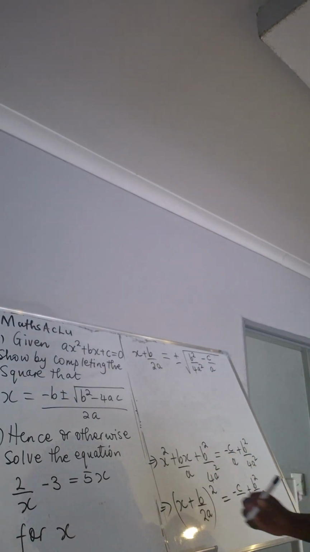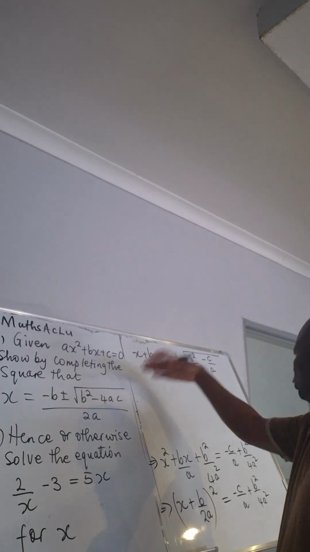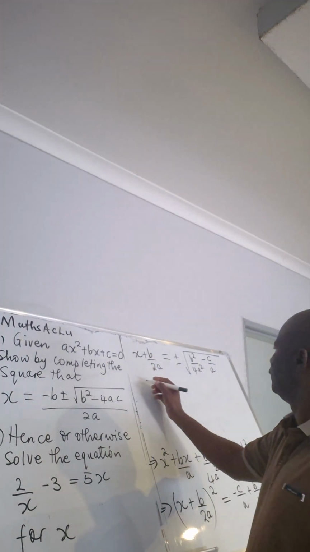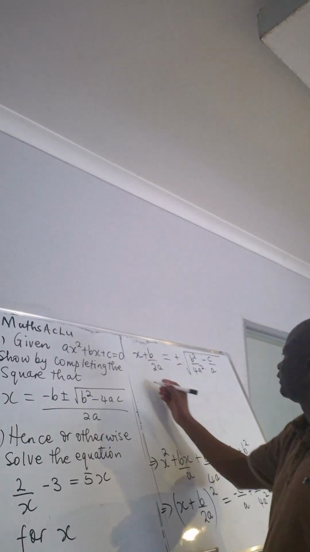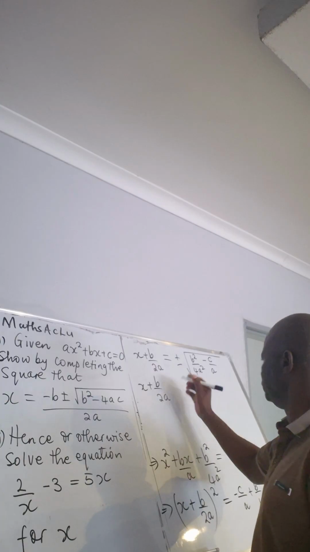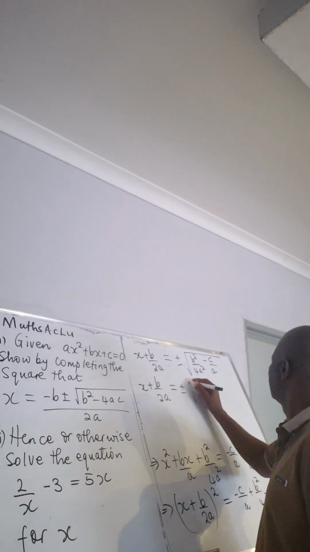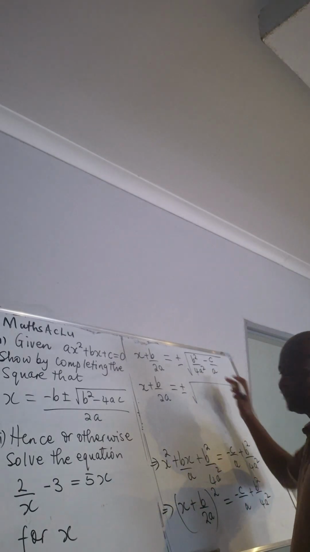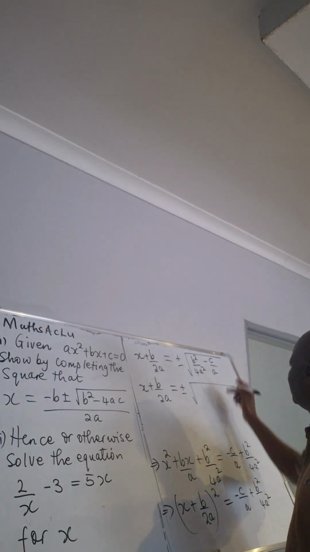Right. Now that means we want x here. So we'll put everything that side. But before we put everything, let's make this one a single fraction. So x plus b over 2a is equal to plus or minus the square root of, what is the common denominator or the LCM of 4a squared and a?